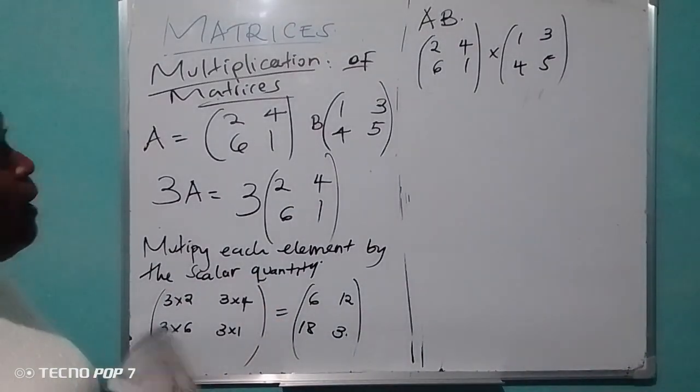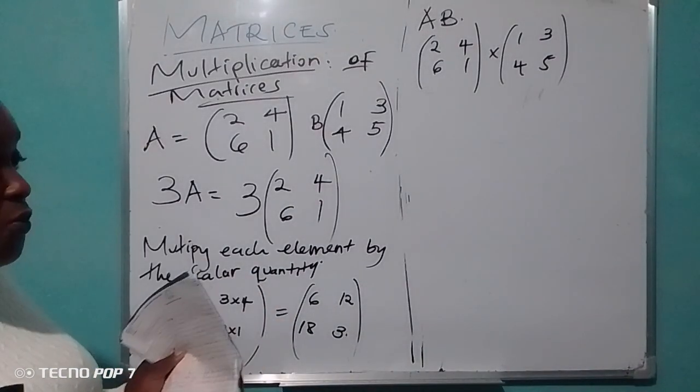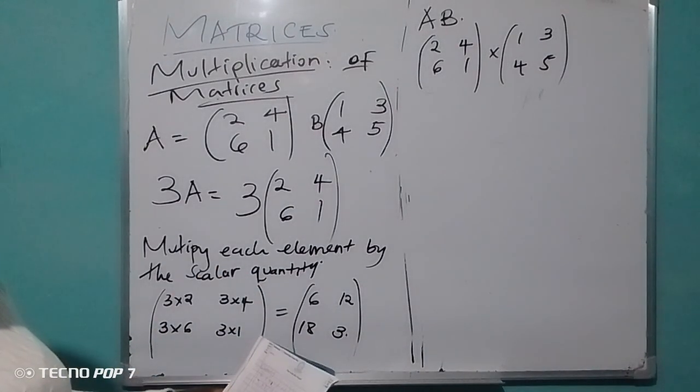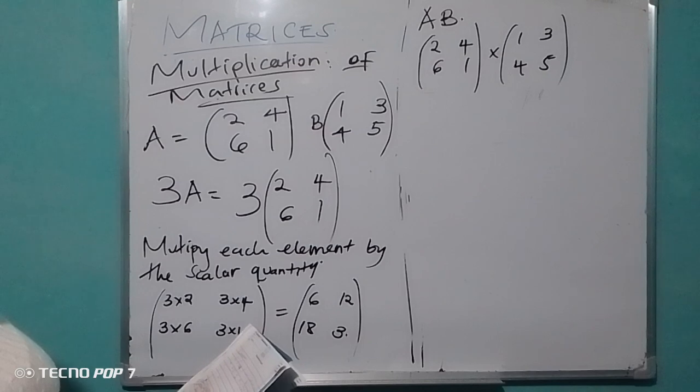Let's see the rules of multiplication. Matrices can be multiplied if the number of columns in the first equals the number of rows in the second. Each element on the top row is multiplied by corresponding elements in the first column.